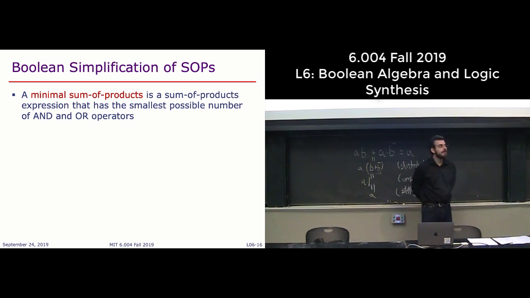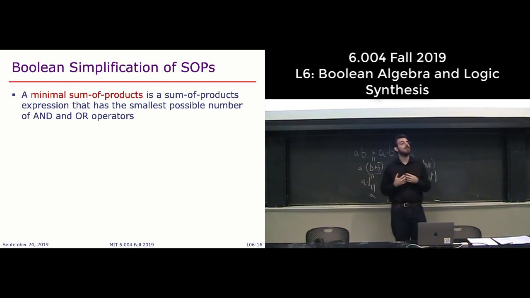So we can do this by essentially using the properties that we've seen before to manipulate expressions, right? And to essentially achieve what we call a minimal sum of products. So a minimal sum of products is just a Boolean expression in sum of products form, in the same form that we've seen before, that has the smallest number of AND and OR operations.